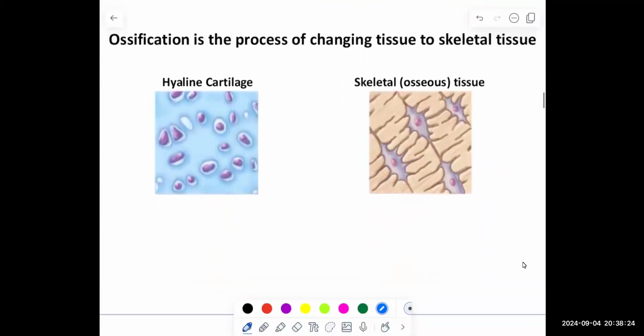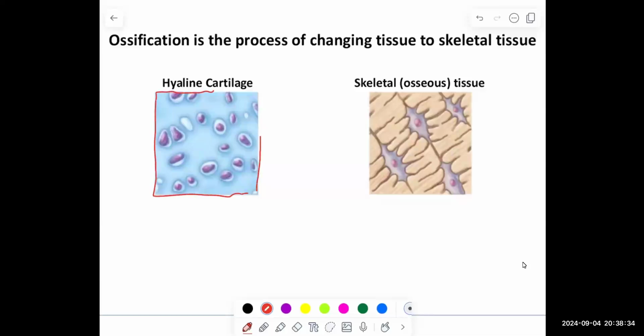Ossification is the process of making skeletal tissue. Like I mentioned, your bone starts as hyaline cartilage, and it will be transformed into bone tissue. So a lot of things have to happen. These cells have to get wiped out. Chondrocytes cannot live in bone tissue.